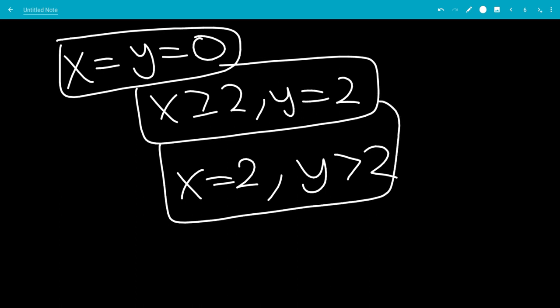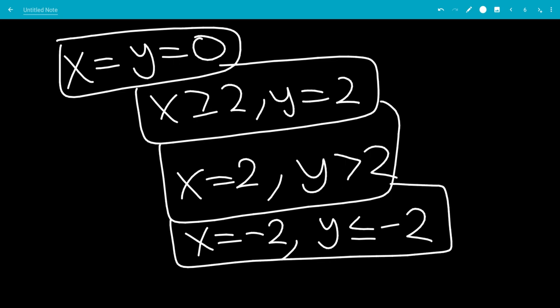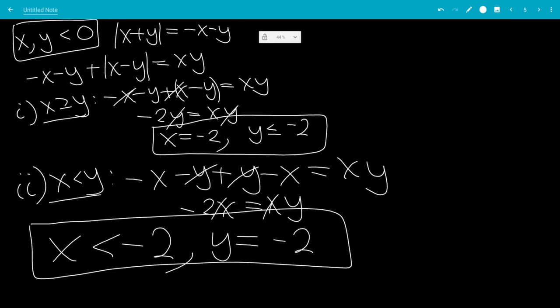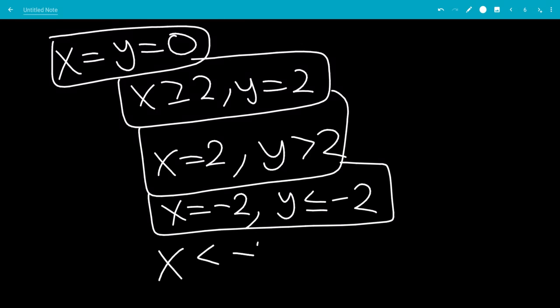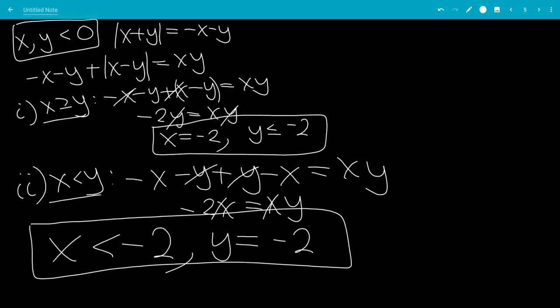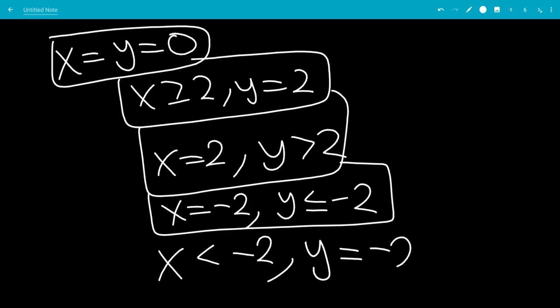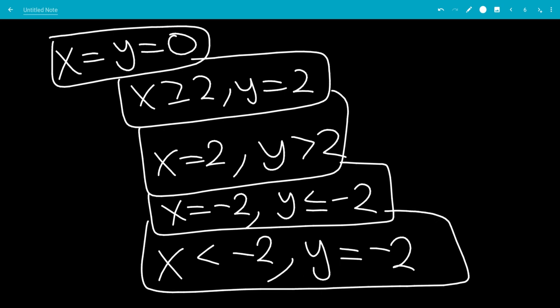Our last two solutions are x equals negative 2 with y less than or equal to negative 2, and x less than negative 2 with y equals negative 2. And that is all the real solutions for this question, and that's the end of the video.